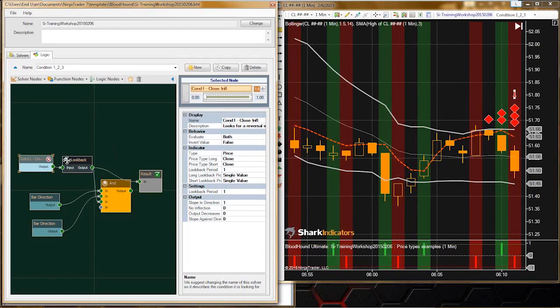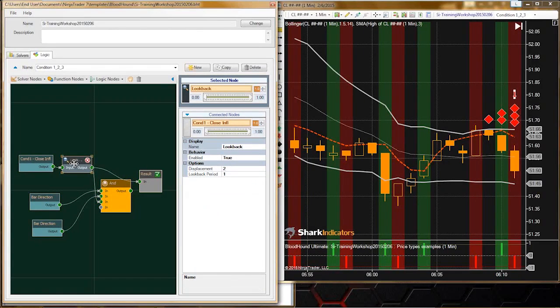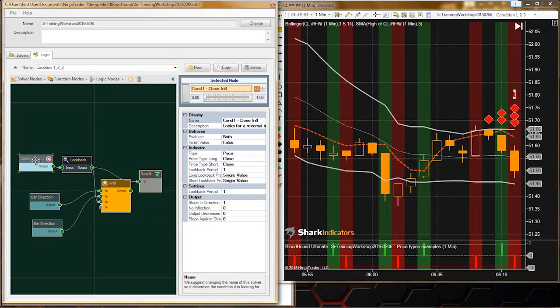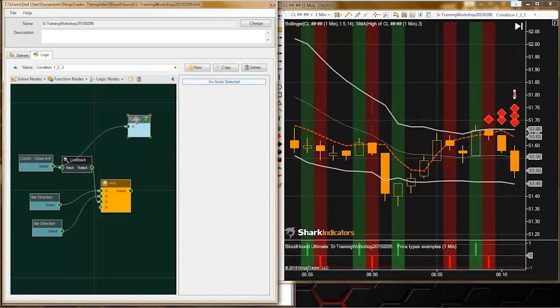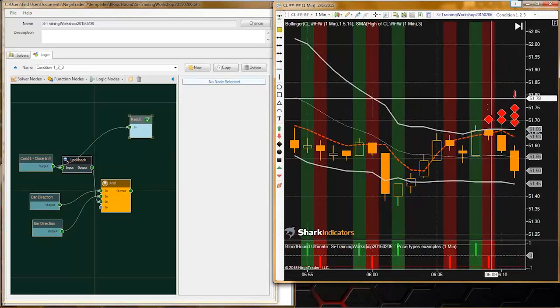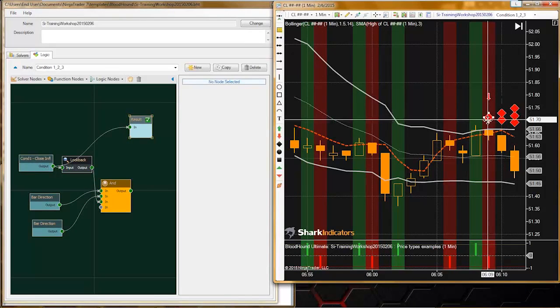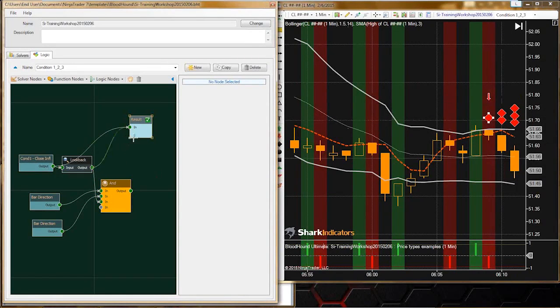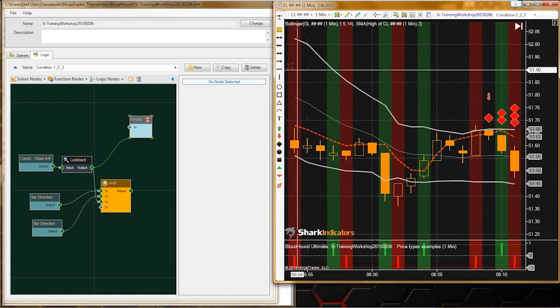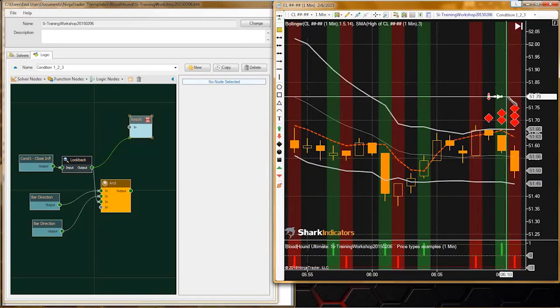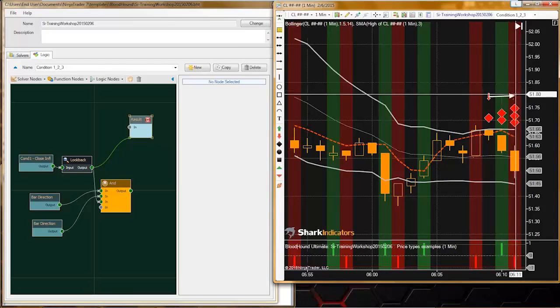Alright, so this solver here is representing condition 1, and then we're using a look back here using the displacement feature to displace the signals from this solver forward in time. So just to illustrate again, we took this short signal here, and with the look back we shifted it forward onto this bar.